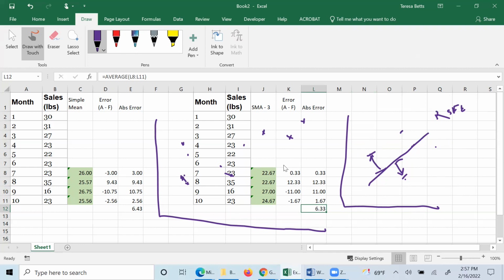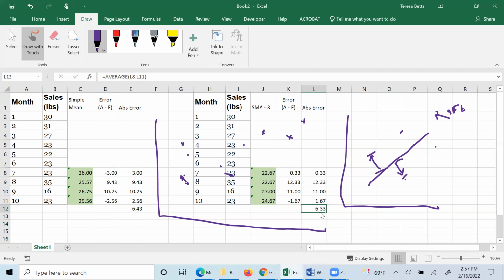So that's why we use MAD, because we want to understand the average of the absolute value of these differences between our forecast and what we're using. Okay, so that's how I would approach addressing simple mean and simple moving average.